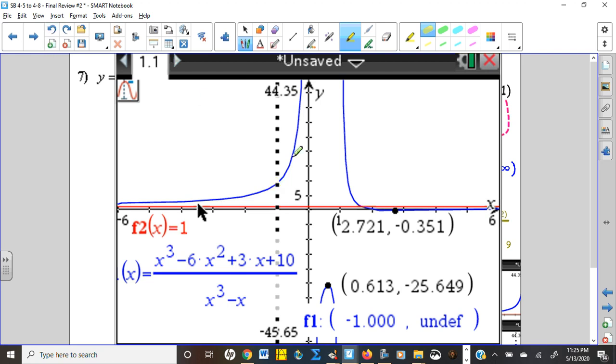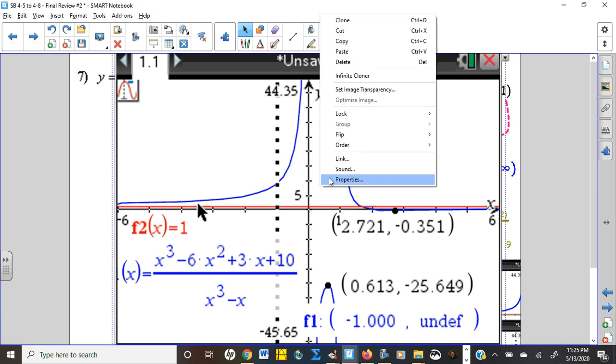So here's the thing though, even though the function misses the y value here, if you come over to this other branch of the graph, it hits that same y value at a different location. That's called covering the hole. So you do not have to take that value out of the range.